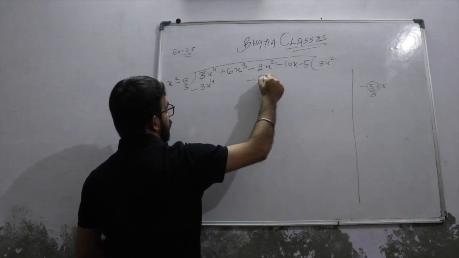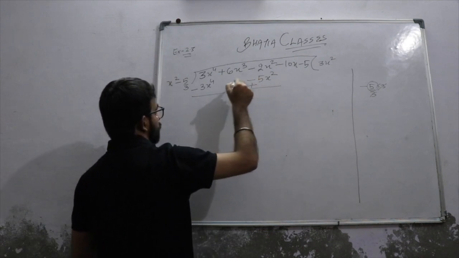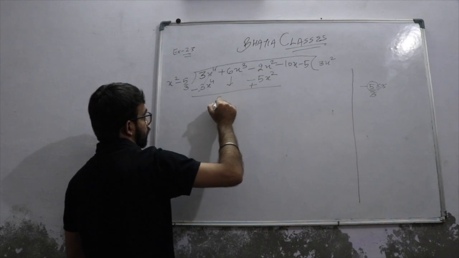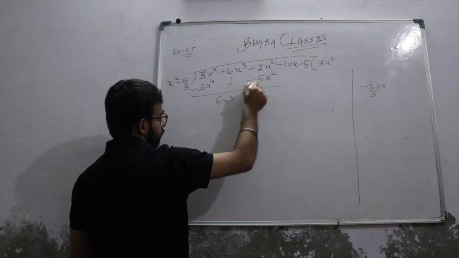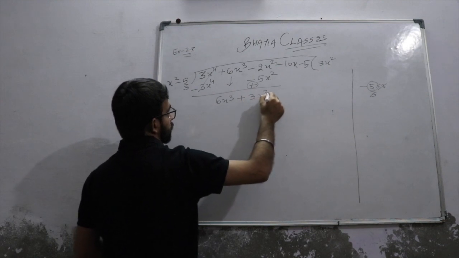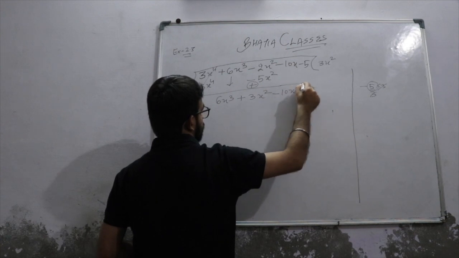Minus 5x square. Plus, negative. This will be cancelled out. Take it down. 6x cube, plus minus minus 5, minus 2, 3x square. Bring both down. Minus 10x minus 5.